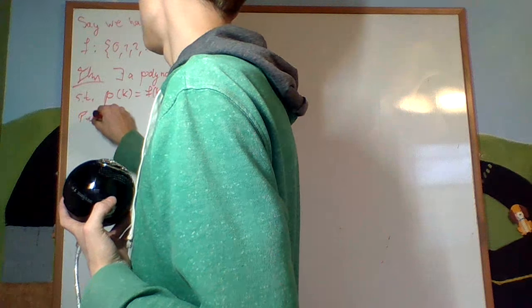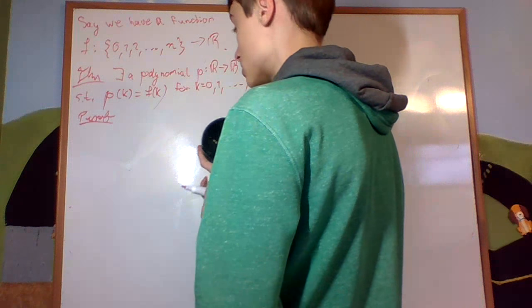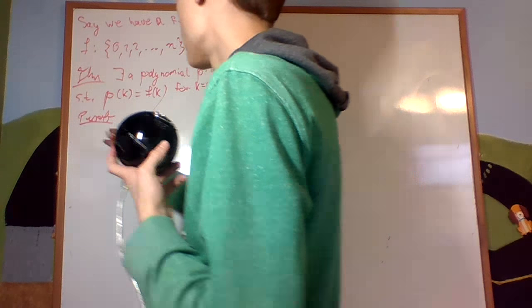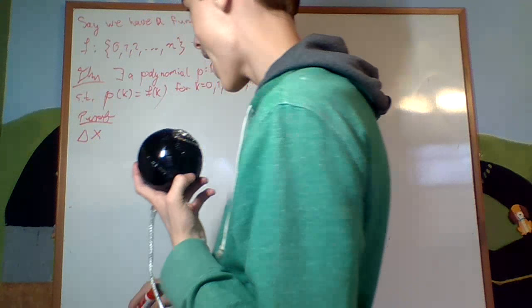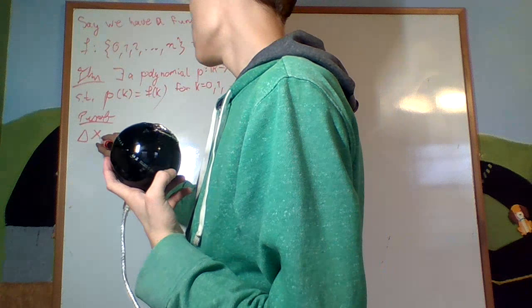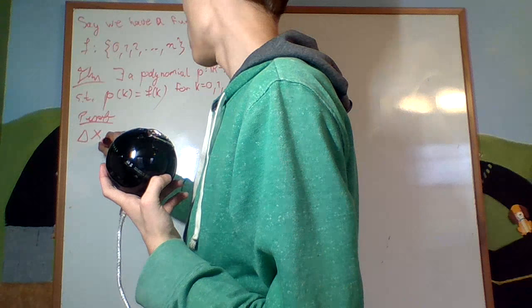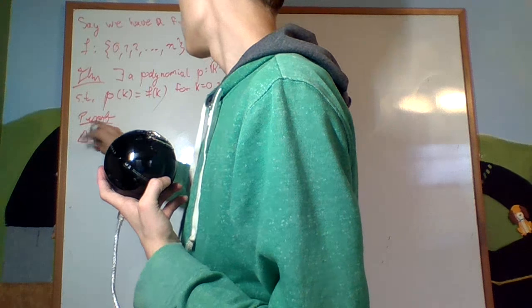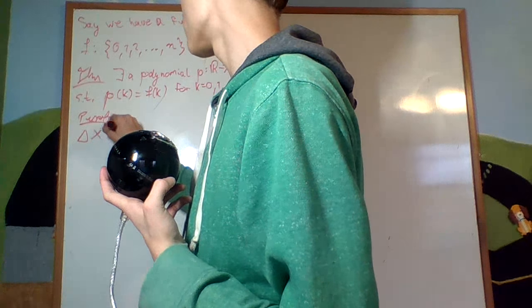Okay, so we're going to define a couple things with how BlackPenRedPen did it in his original video. Delta x sub 0, to the power of 0, but it's not really to the power, it's just the best notation I could come up with.